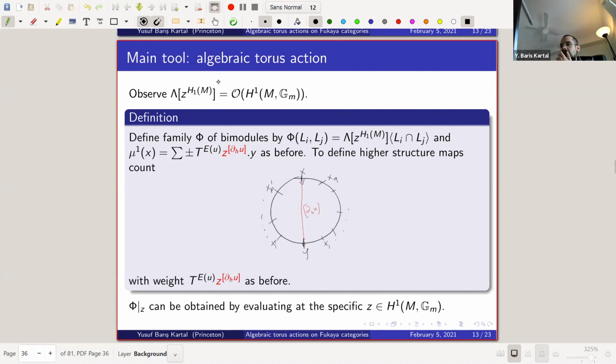To define the higher structure maps, I didn't tell you this, but to define a bimodule, you have to multiply the generators of the bimodule with the elements of the ring.